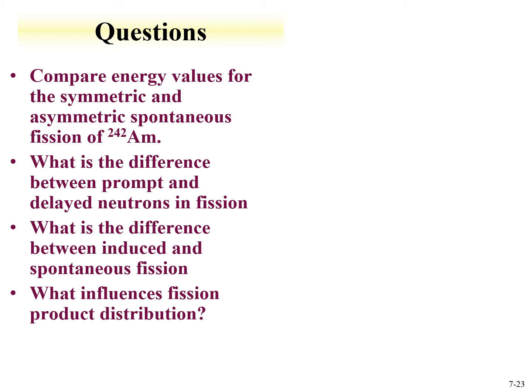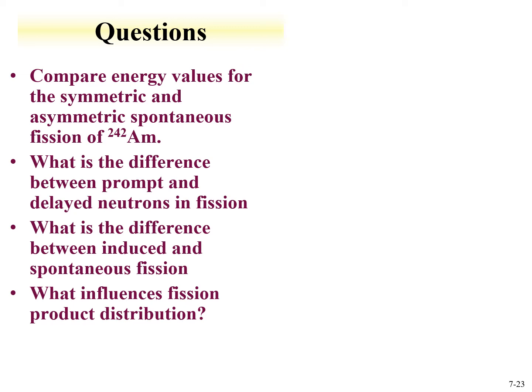And what's the difference between induced and spontaneous fission? Well, that's what we demonstrated on the very first slide of this lecture. Induced means a neutron comes in, changes the A of that isotope, so uranium-235 absorbing a neutron goes to uranium-236. That excited state of uranium-236 fissions.